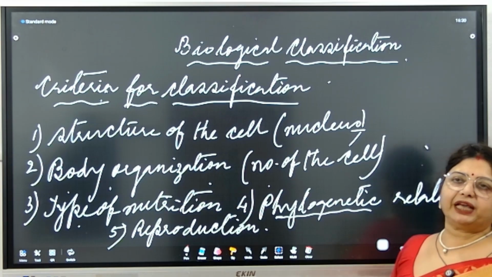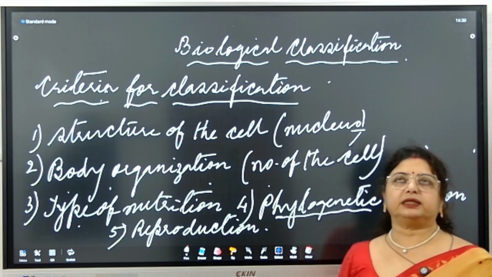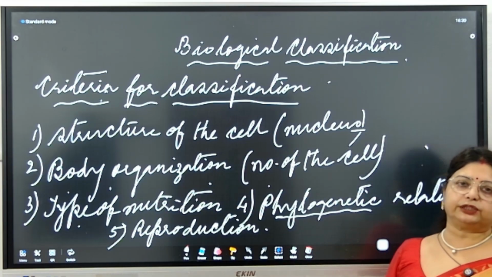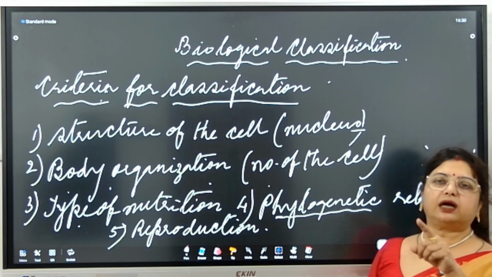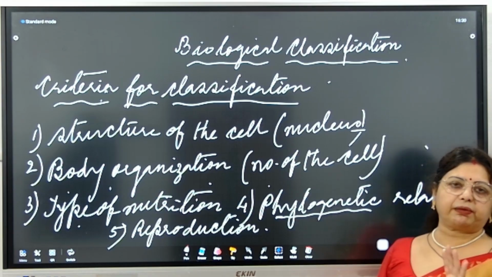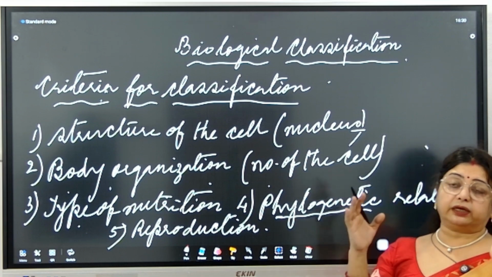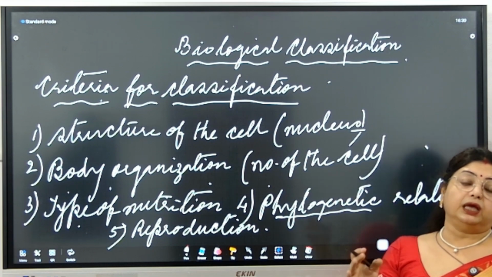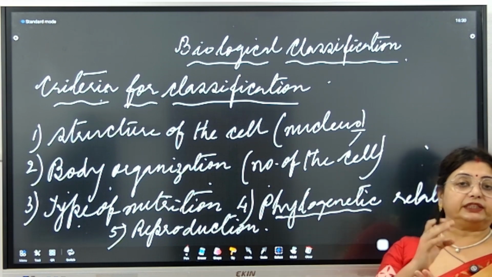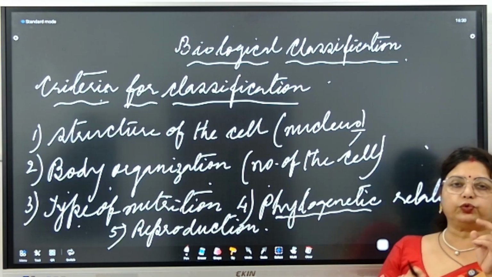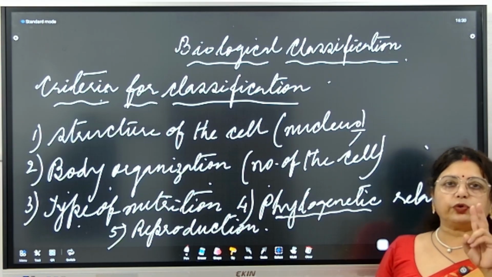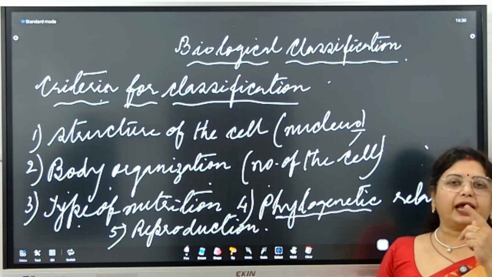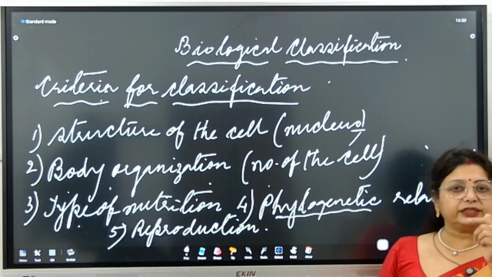The best example I am giving, under the vertebrate, there are many classes and it starts with pisces. There is a fish, then amphibia, then reptilia, then aves, and then mammalia. In class 10 you have read the structure of the heart: fish has only 2 chambers, so the mixed blood circulates through the heart. Then the amphibians have 3 chambers.